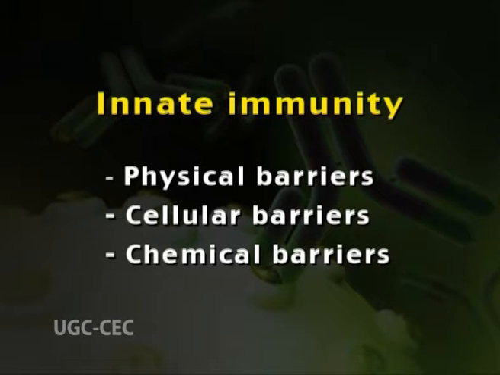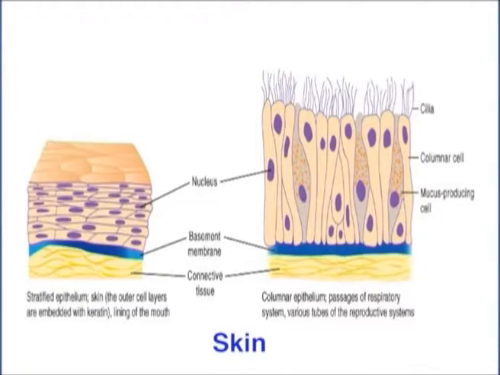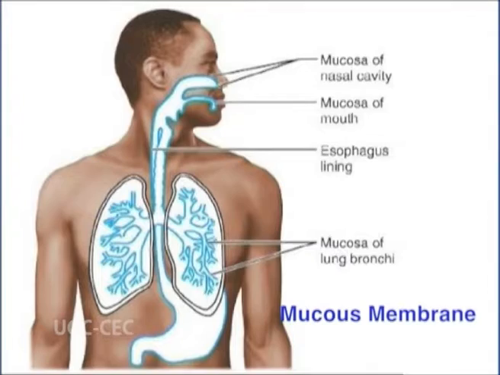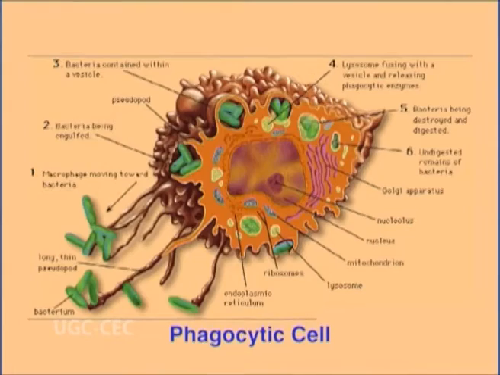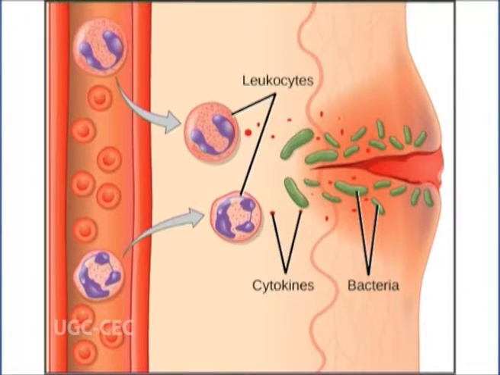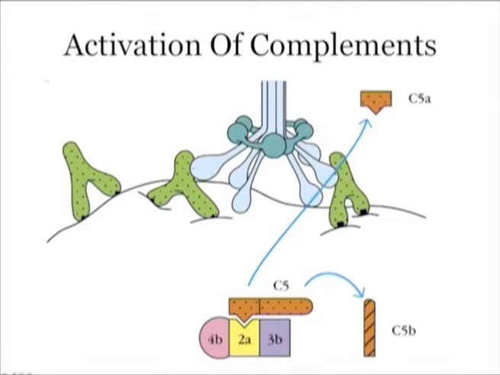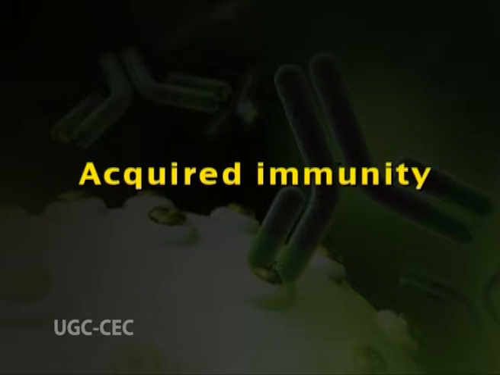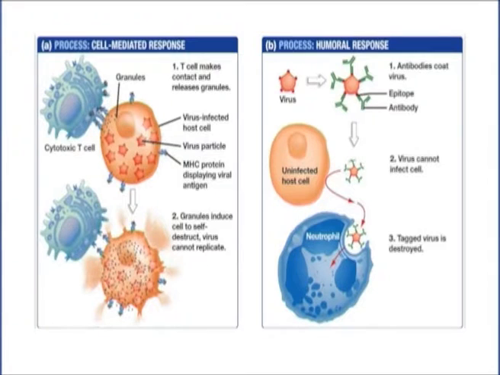The physical barriers, the cellular barriers and the chemical barriers. The physical barriers like skin and mucous membrane, cellular barriers like phagocytic cells and natural killer cells, chemical barriers like cytokines and complements.